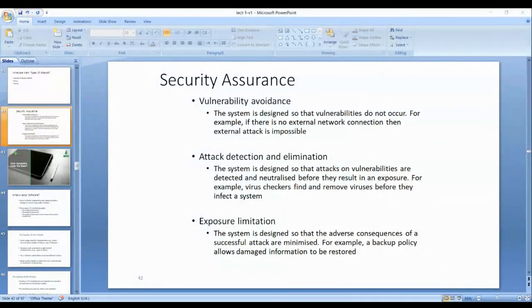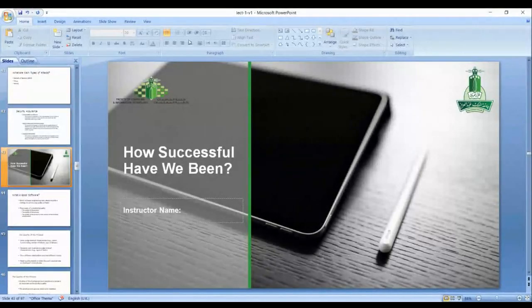Or you must have security technology to protect the exposure, like antivirus, digital certificates, and firewalls. You should have minimum exposure. Without the security technologies, firewall, cryptography, digital certificate, antivirus should be there. These are the assurance.